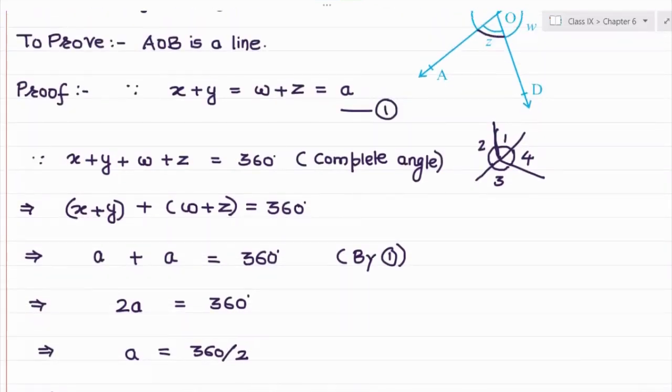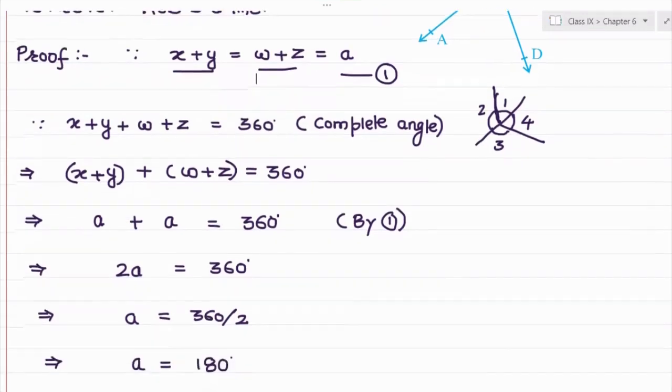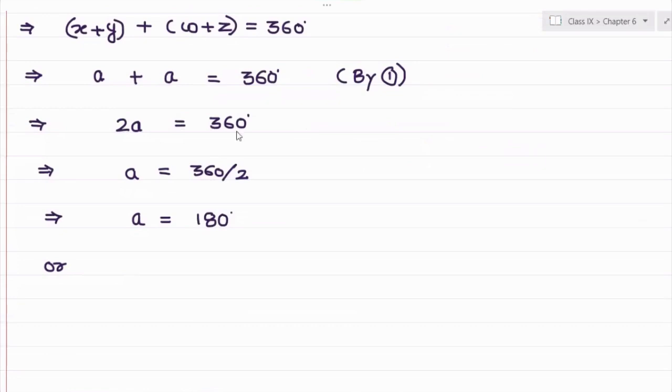See, in equation number 1, a is equal to either x plus y, or it will be equal to w plus z, so we can take any one. Suppose I take x plus y, so I can say that a I will replace by x plus y is equal to 180 degree. Here I can say again by equation number 1.